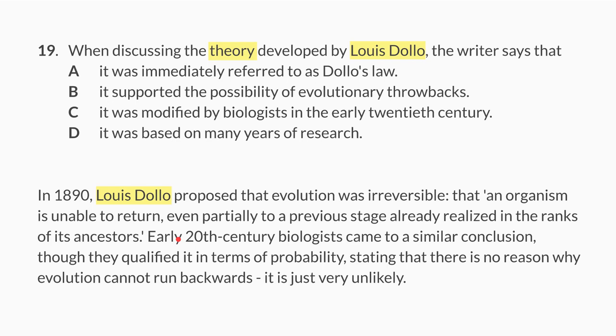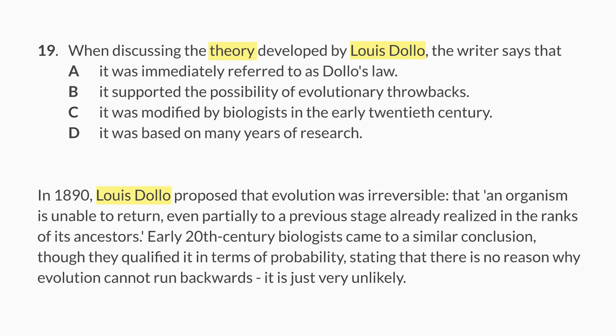Those are all the keywords that I have found so far. I found evolution here, I also see evolution here, and I see early 20th century and biologists. So I'm pretty sure my answer is going to be somewhere around here. Remember, we are only looking for 1 to 2 sentences. That's going to be our matching sentence.